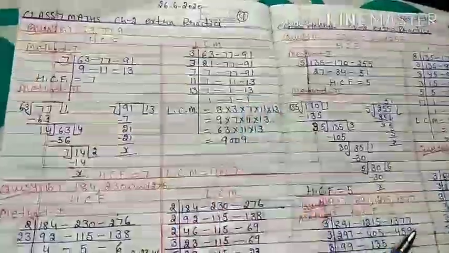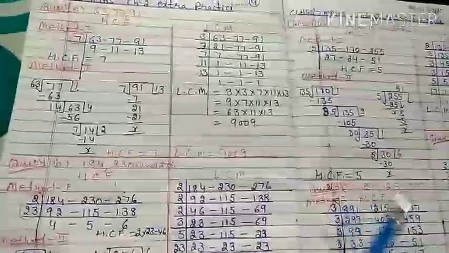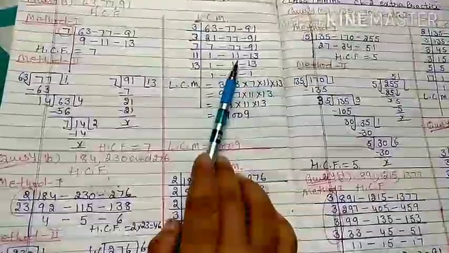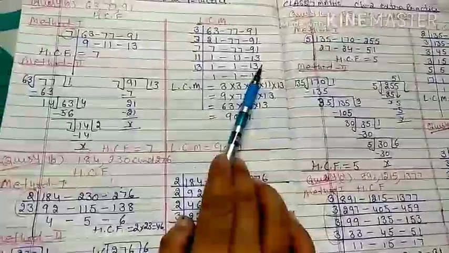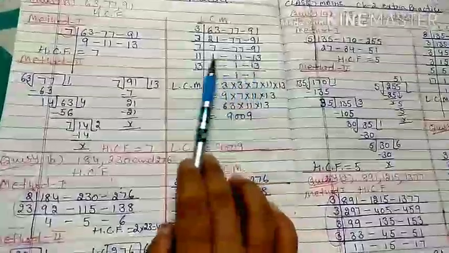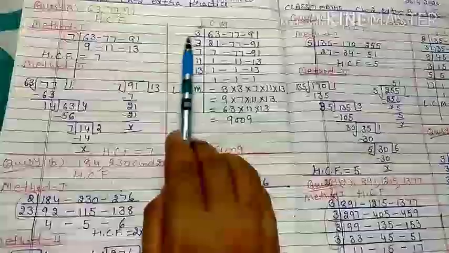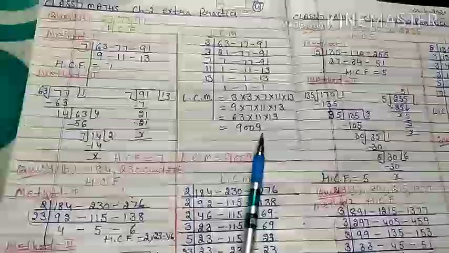Now no number is left to divide by 3, so we move to the next number, 7. 7 ones are 7, 7 11s are 77, 7 13s are 91. Next number is 11, then 13. So when you multiply all these numbers, that is the LCM.